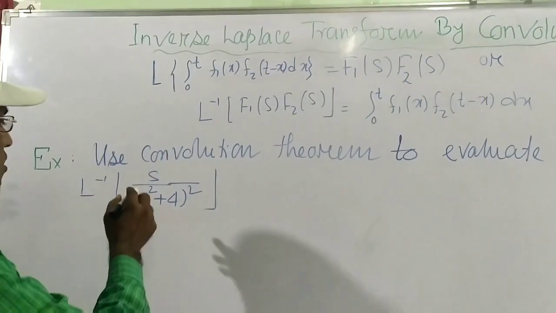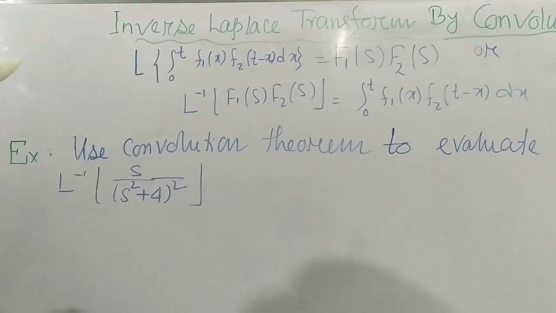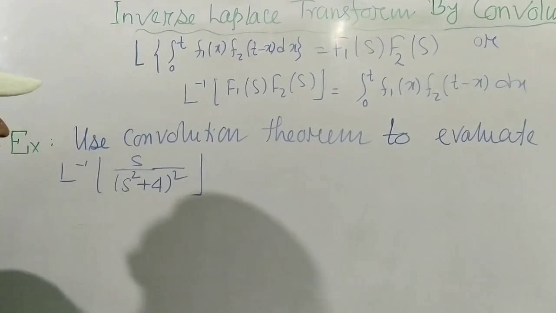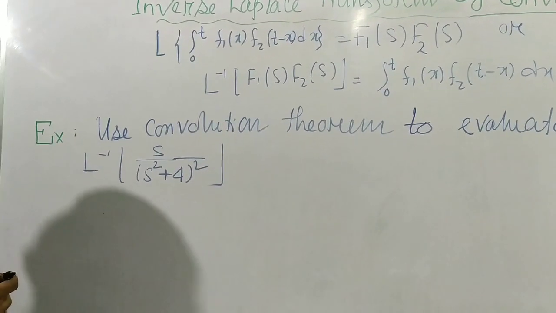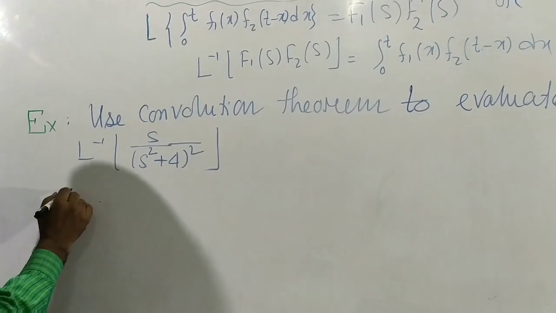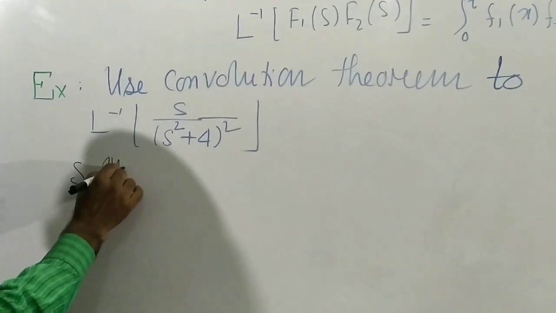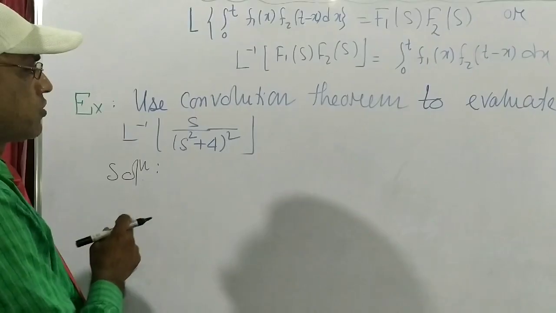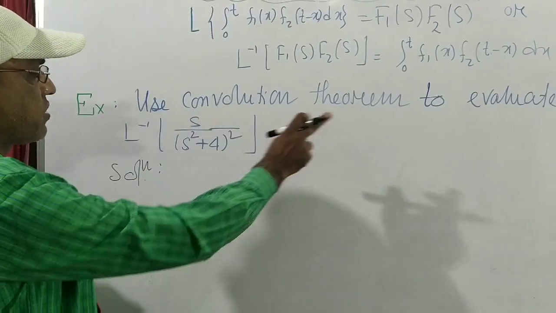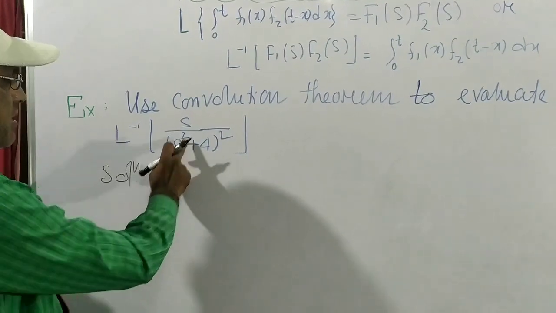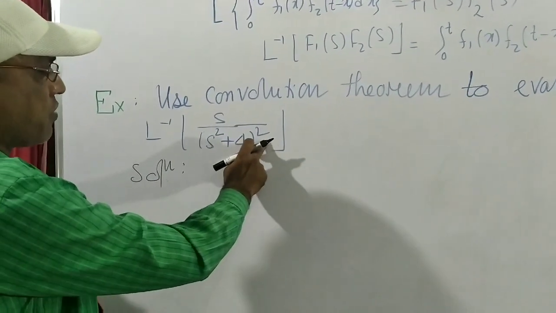Now we consider one problem: use the convolution theorem to evaluate L inverse of s by (s square plus 4) whole square.